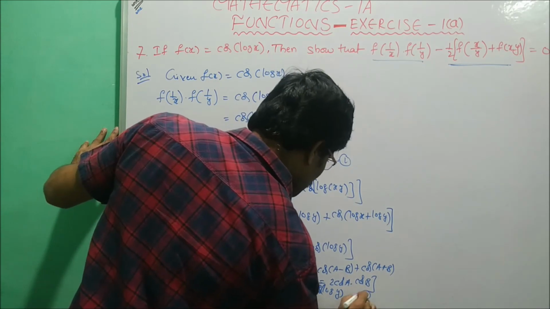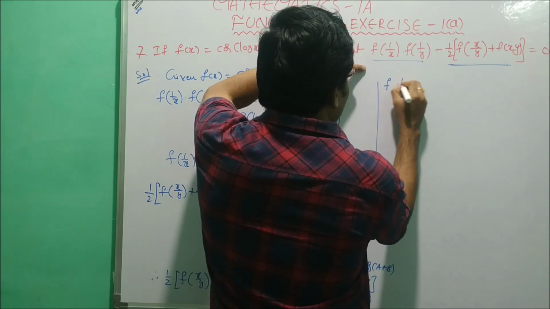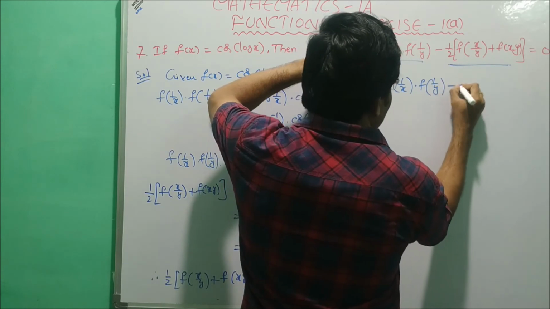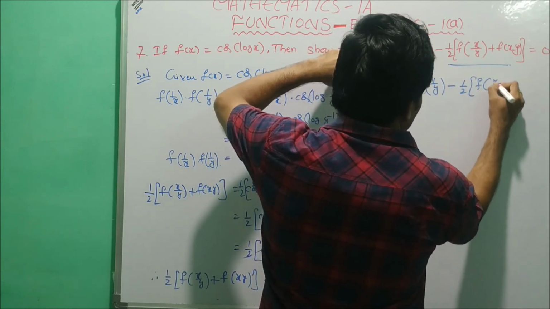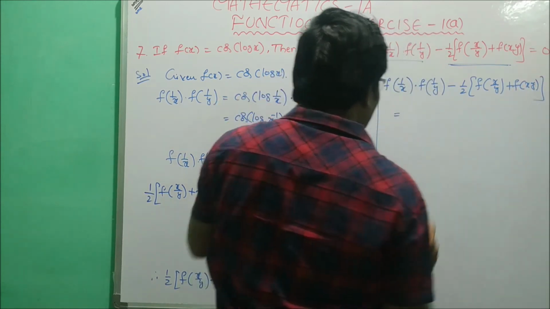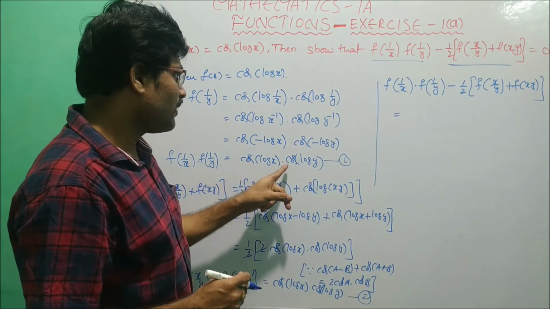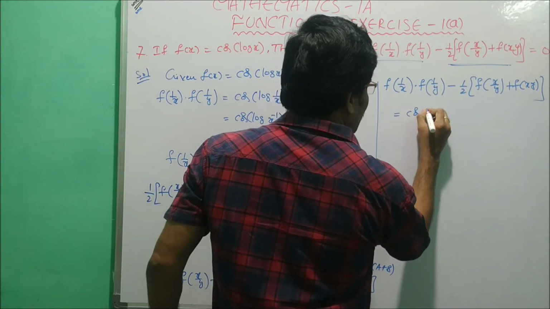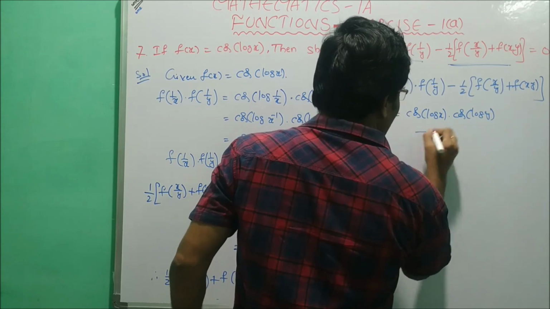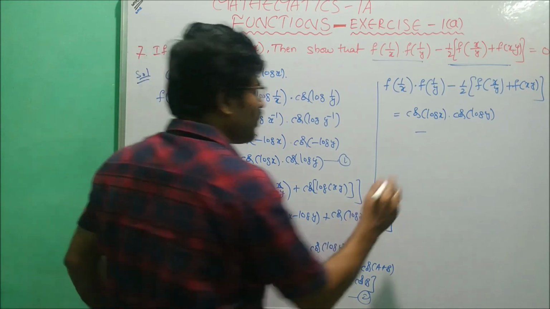This is equation 2. Now we take the total equation: f(1/x) into f(1/y) minus 1/2 into [f(x/y) plus f(xy)]. Now here we observe f(1/x) into f(1/y) in equation 1 is cos of log x into cos of log y, minus, that value is cos of log x into cos of log y.